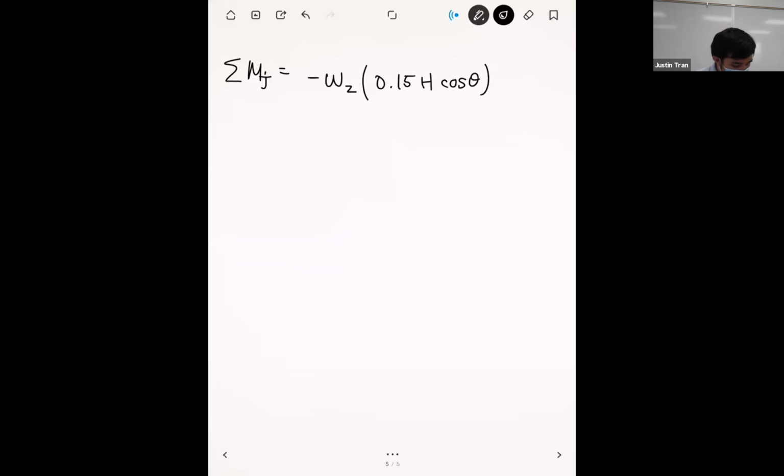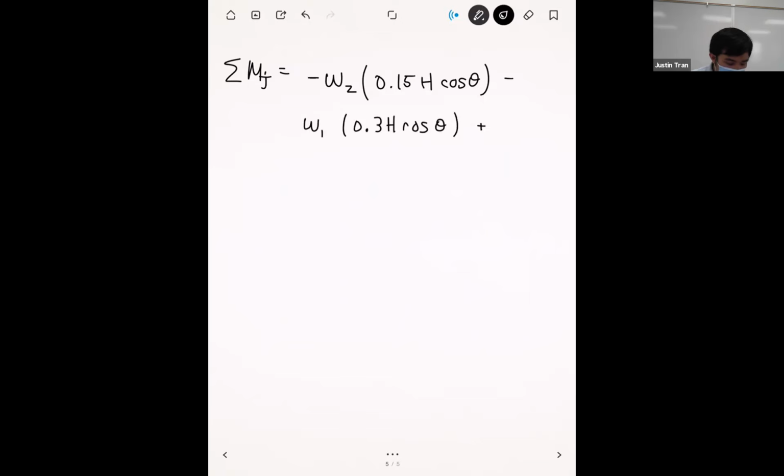And so that's the horizontal distance between W2 and the joint. Next, we have the moment contribution from W1. And so we have a minus W1 times 0.3 H cosine of theta.